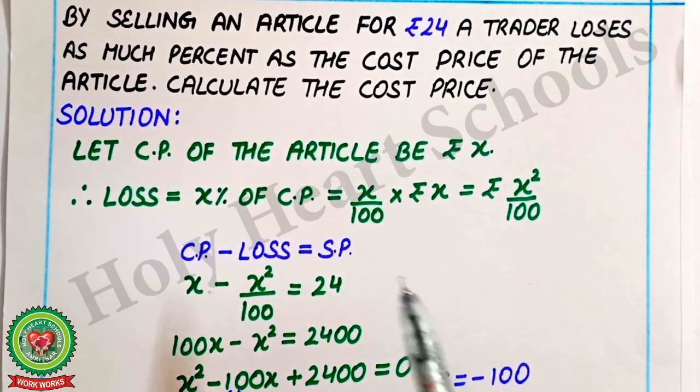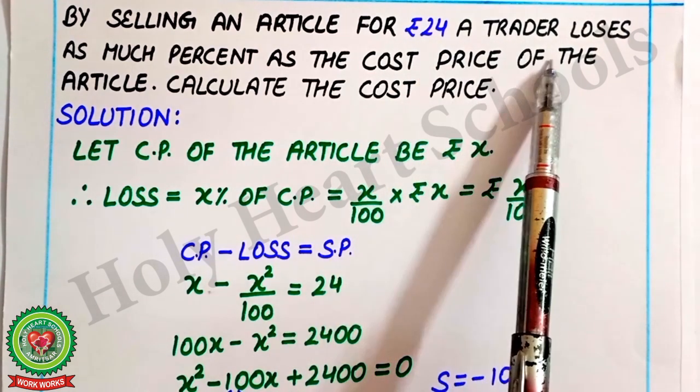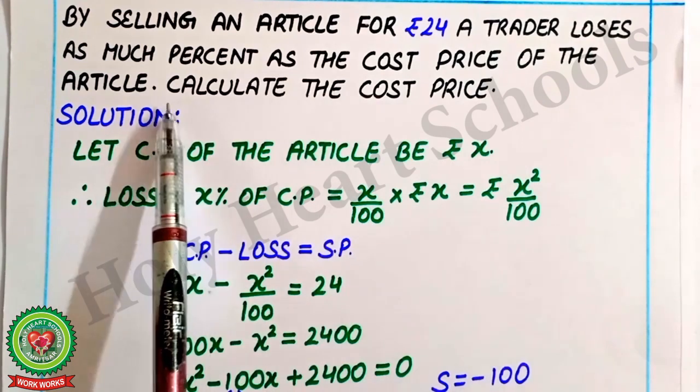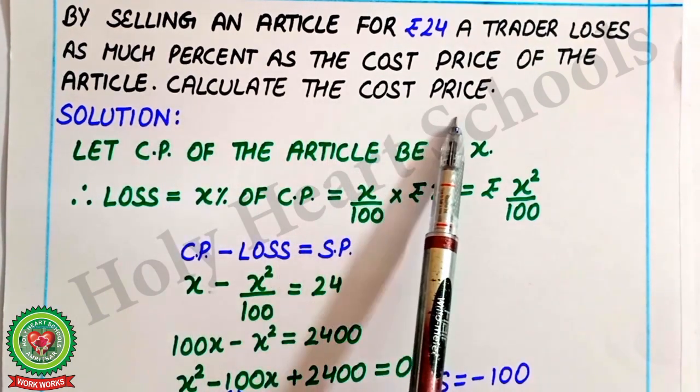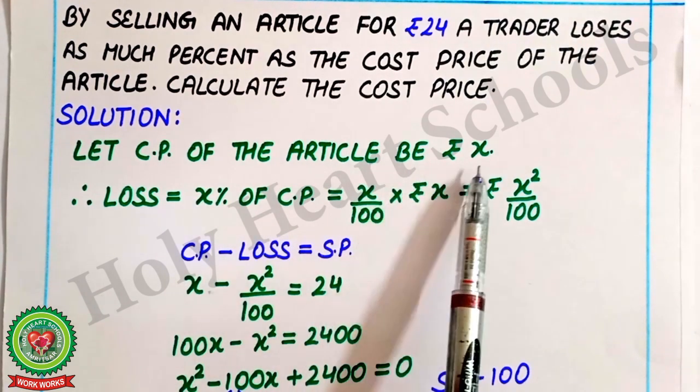Second example: by selling an article for rupees 24, a trader loses as much percent as the cost price of the article. Calculate the cost price. Let the cost price of the article be rupees x.